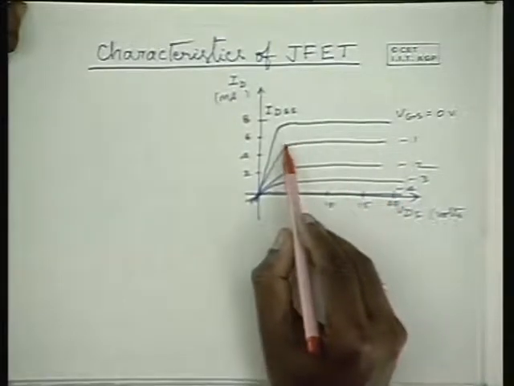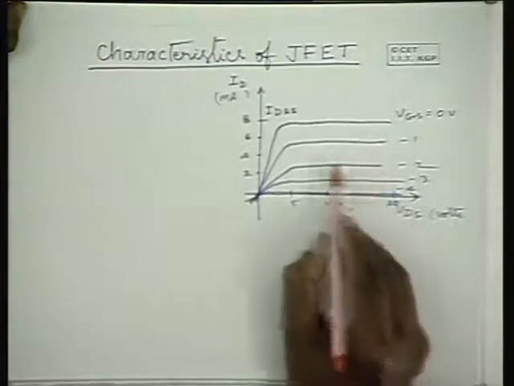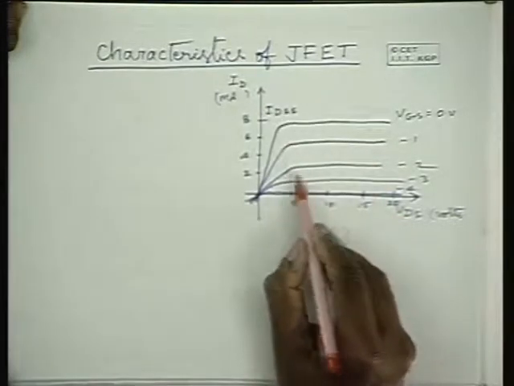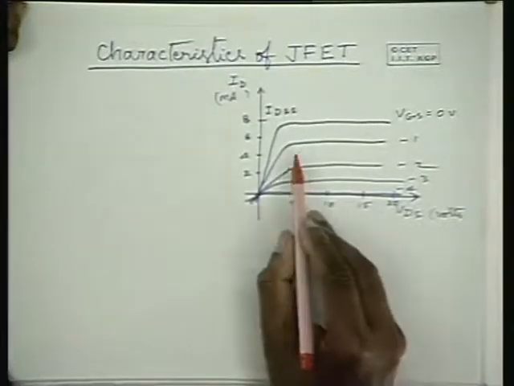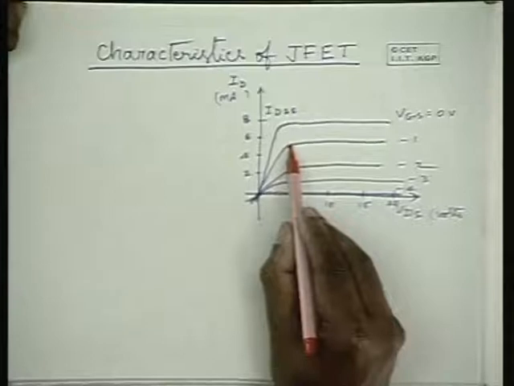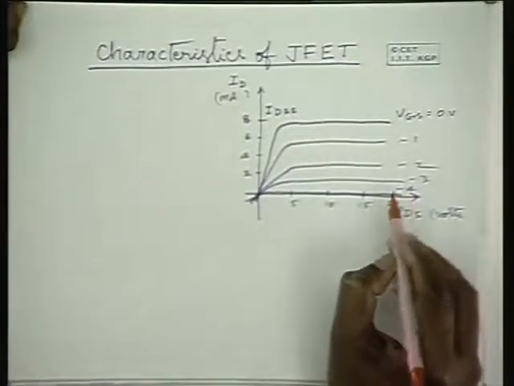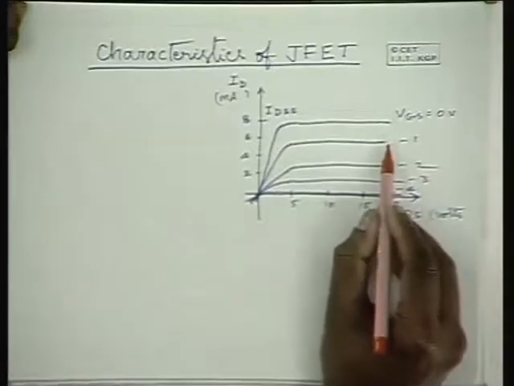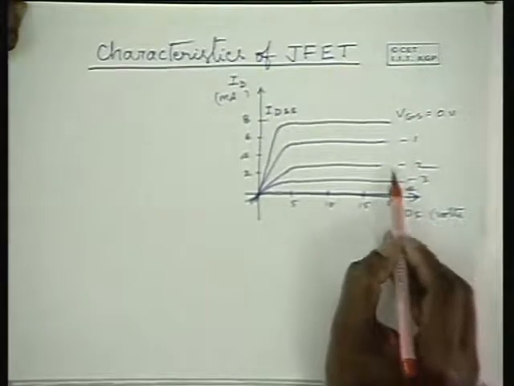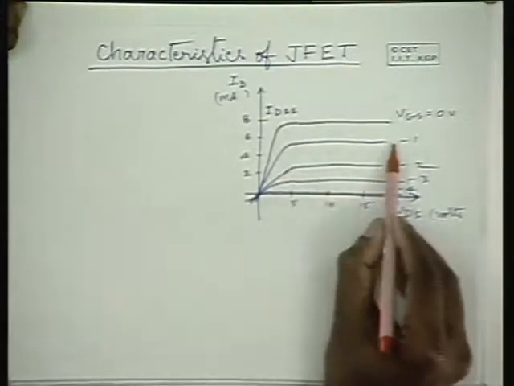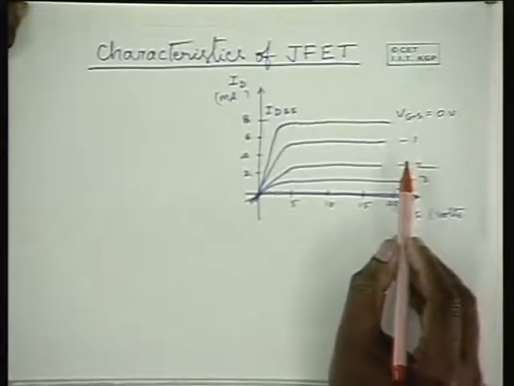If the current here is, say, 5 milliamperes, and you pass it through a 1 kilo ohm resistance, it produces 5 volts and the current is still 5 milliamperes. If you pass it through a 4 kilo ohm resistance, the voltage drop across the terminals would be 20 volts and still the current is 5 milliamperes, and that's how it remains a constant current source.